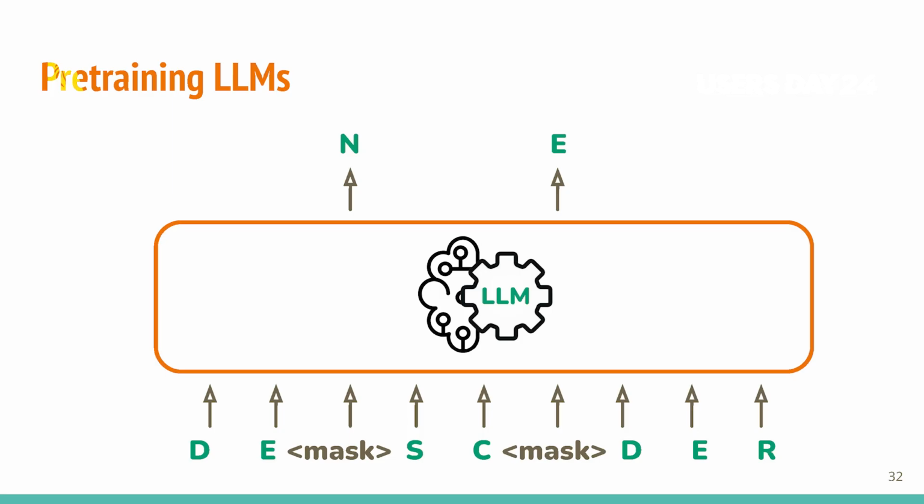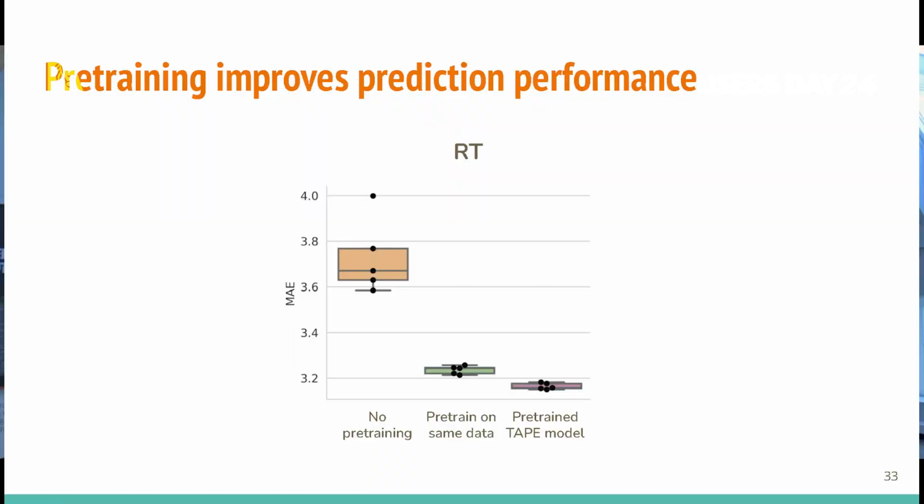Then a second thing we tried was pre-training these transformer models. So this is done by masking part of the input tokens, in this case amino acids, and then predicting them, or teaching the model to predict them. And we found that this also helps the predictions.